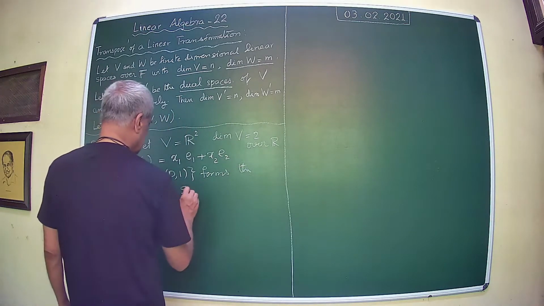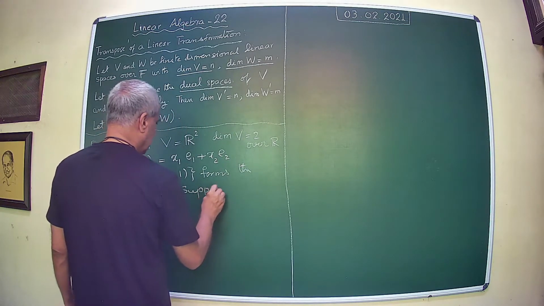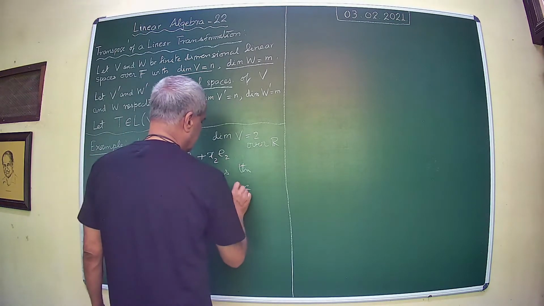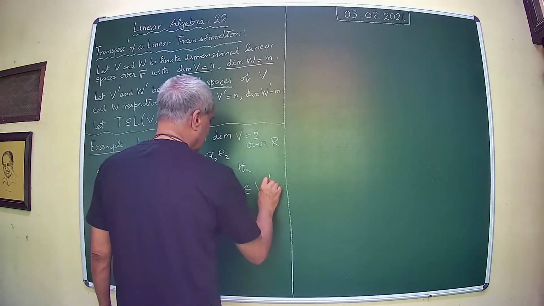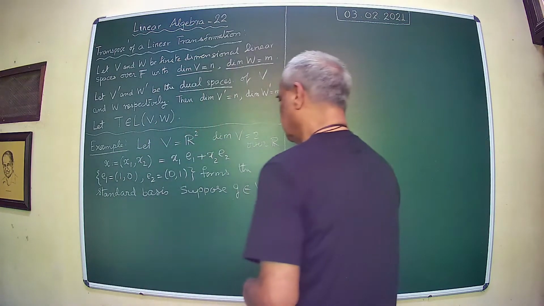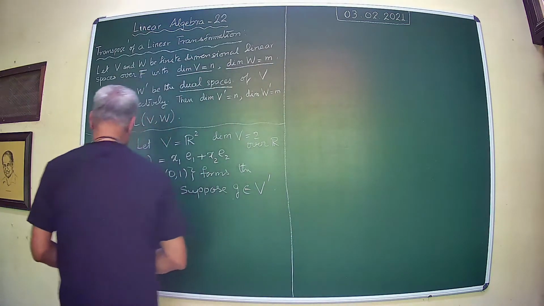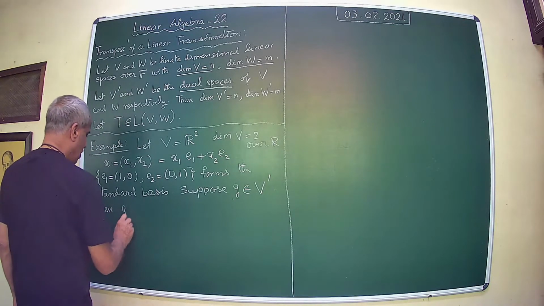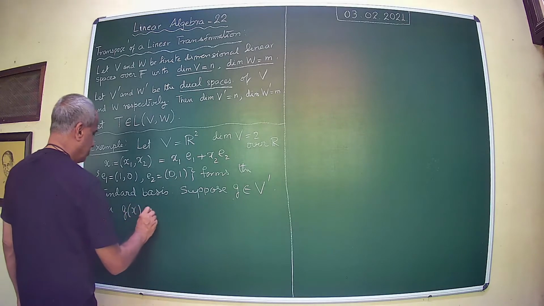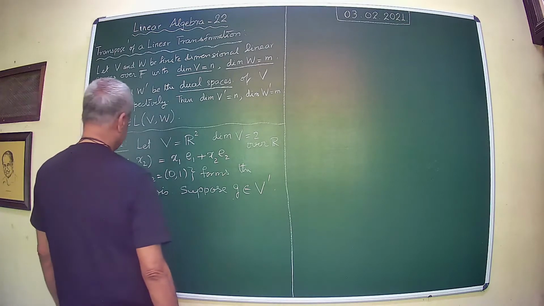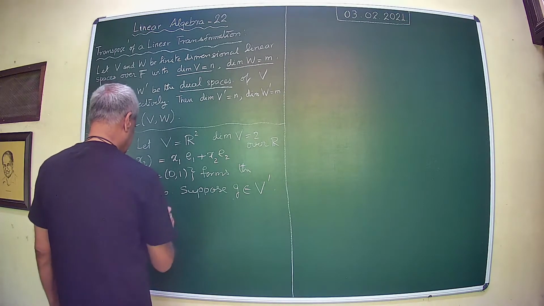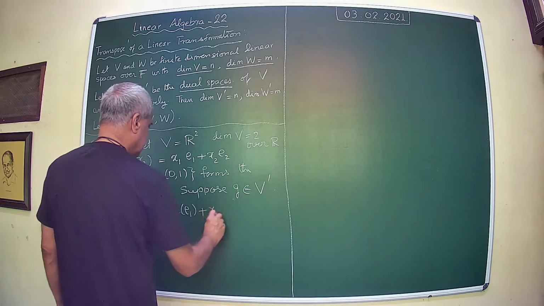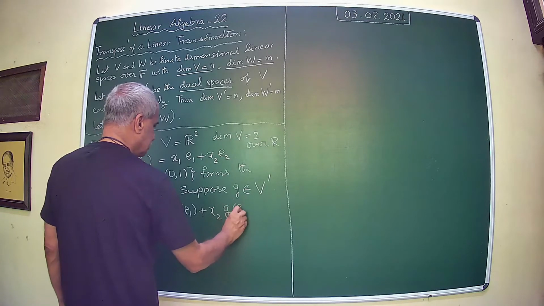Suppose G belongs to V prime. Then G of X equal to, G is linear, therefore X1 into G(E1) plus X2 into G(E2).